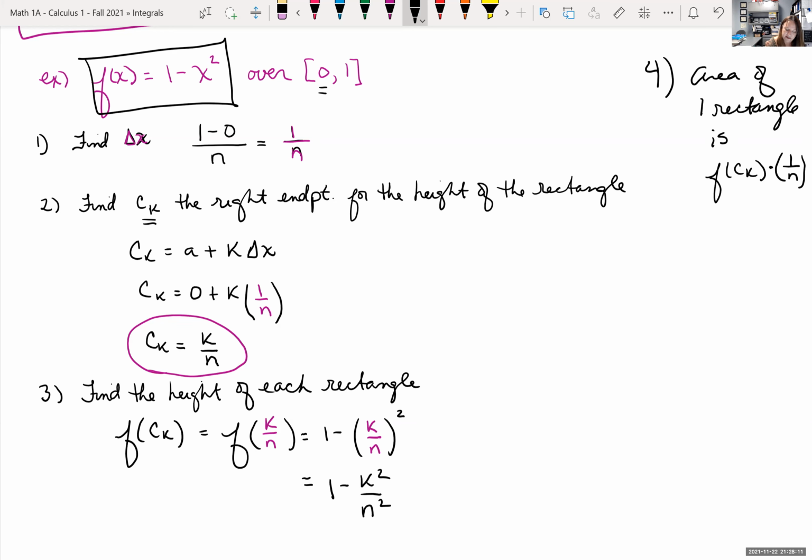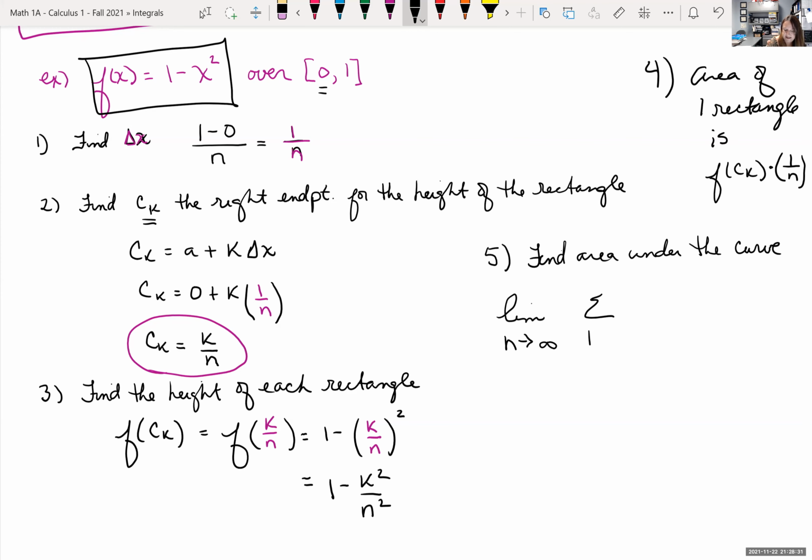So to find the area under the curve, we can look at the limit as n approaches infinity of the summation.